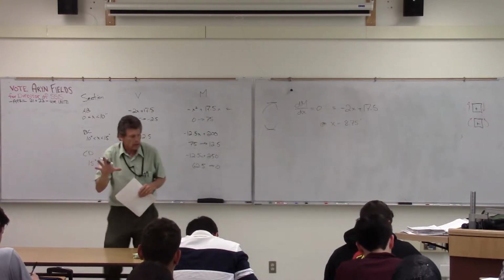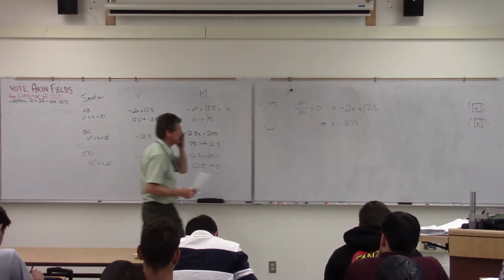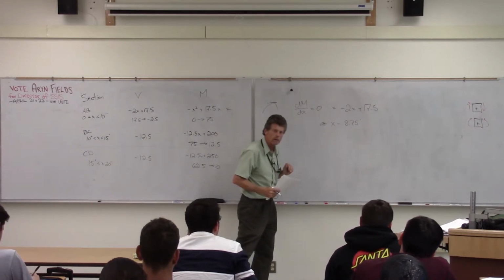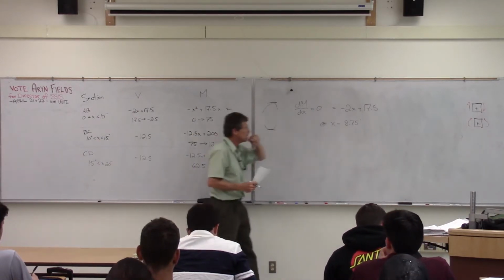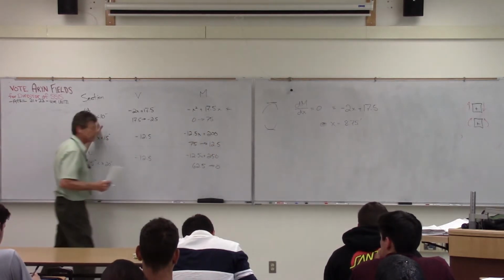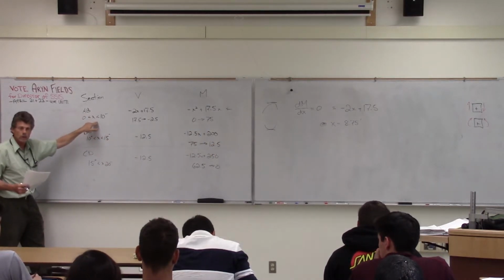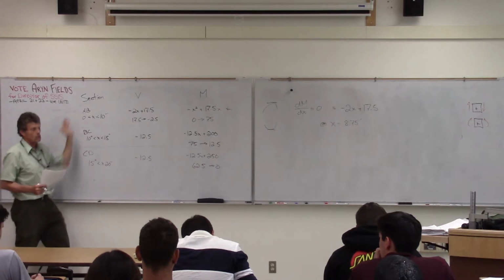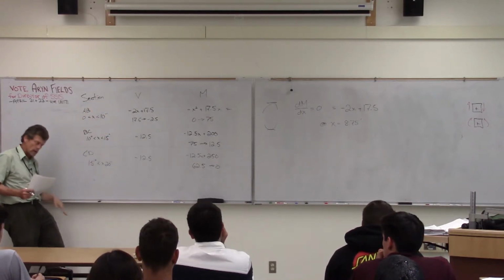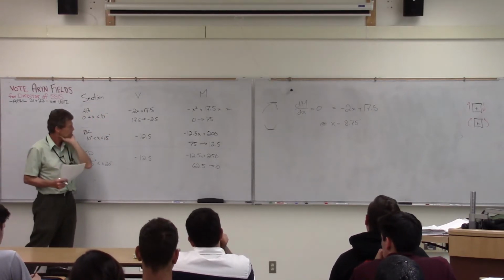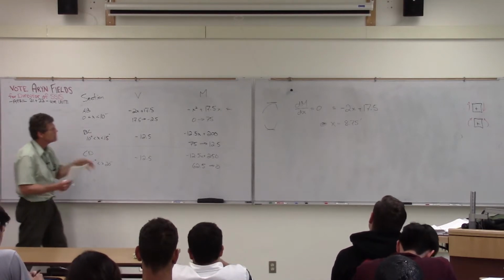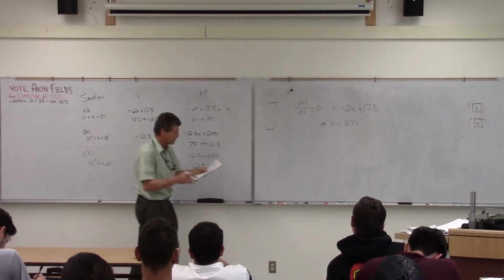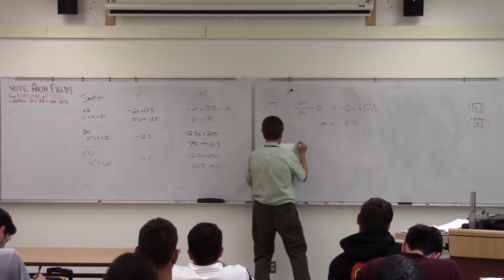And what that tells me is that this min or max or saddle appears within the range of my equation, right? So that means it's going up and then coming back down, or it's going down and coming back up. So the way we figure that out is let's figure out what that maximum point is.